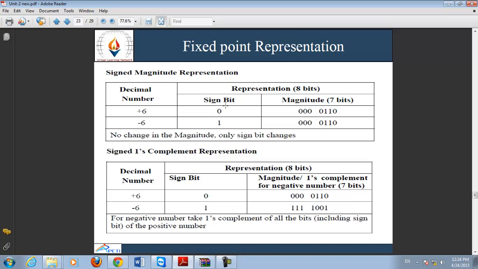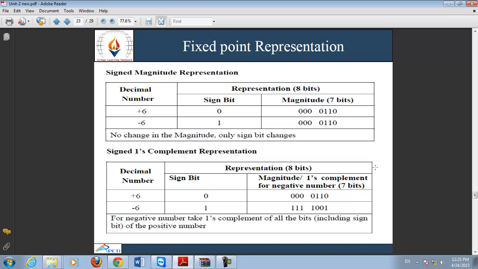That means, including the sign bit, there is a total 8-bit representation, that is four 0s, then 0110. For a negative number, the sign bit will change to 1 and the magnitude value will remain the same. This is the sign magnitude representation of positive and negative numbers.